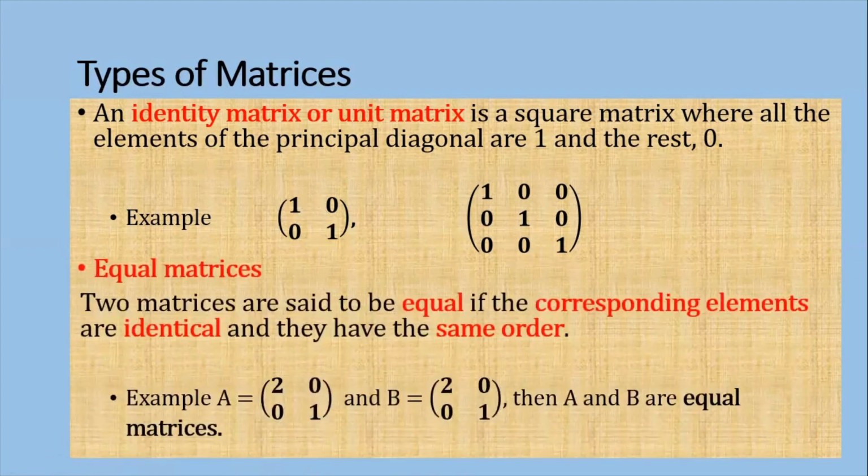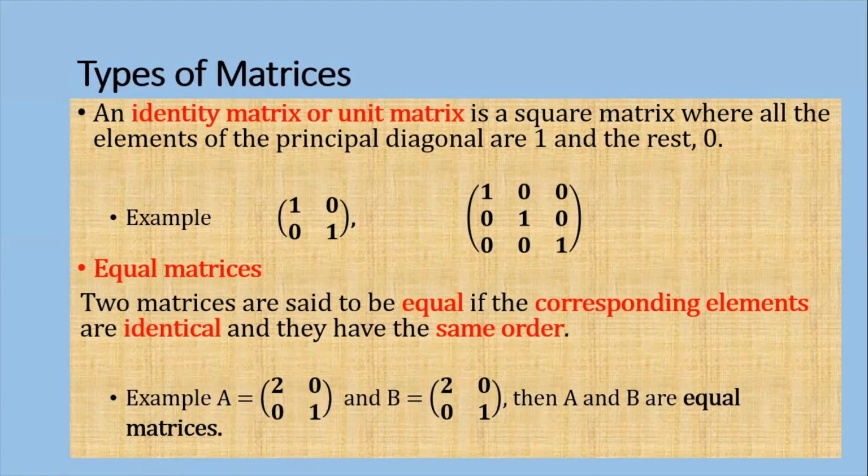Equal matrices, this is an interesting concept in matrices. Two matrices are said to be equal if the corresponding elements are identical and they have the same order. What do I mean? Look at matrix A and matrix B. First thing, the elements in matrix A and the elements in matrix B are equal. We've got 2, 0, 0, 1 in both matrices.